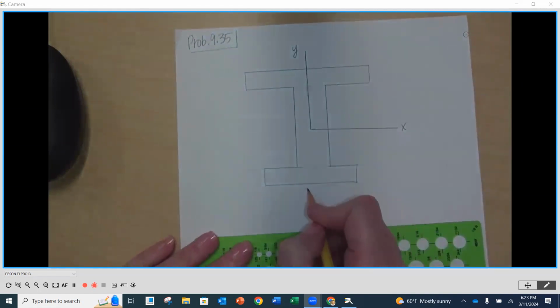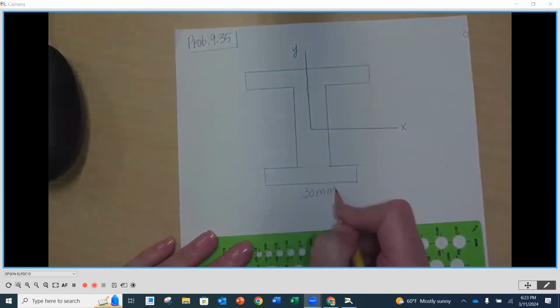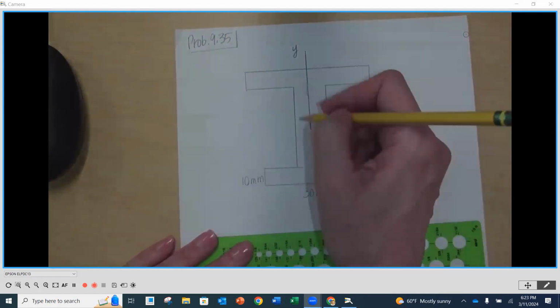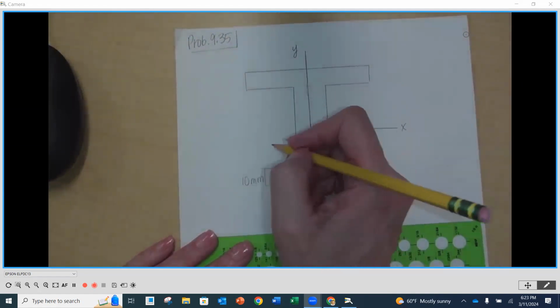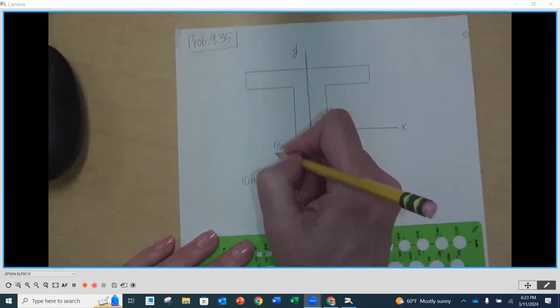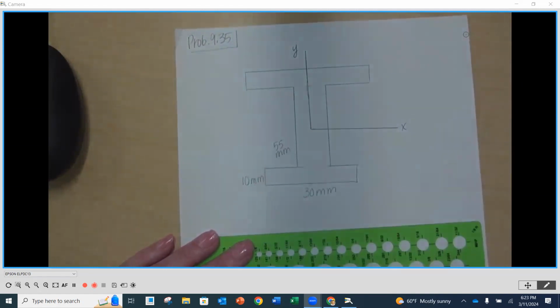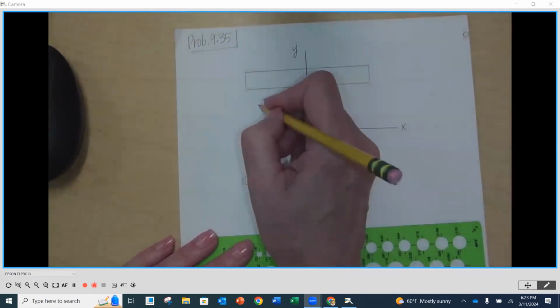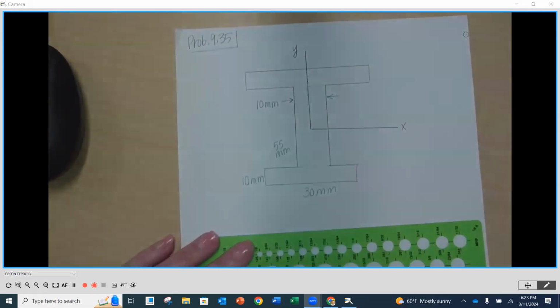So we know at the bottom here, this is 30 millimeters. This height is 10 millimeters. The section in between here is 55 millimeters. This section right here, between here and here, is 10 millimeters.